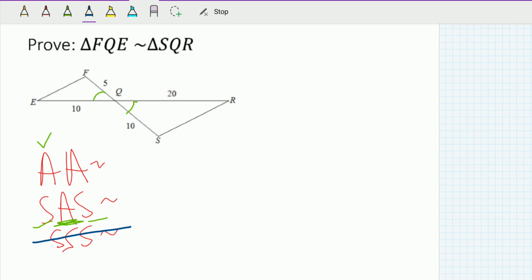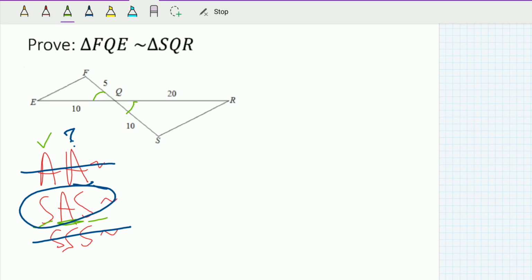We don't have any other tick marks. So what this means is that I don't have another A. Since I don't have another A, I can't do AA. So then really the last option that I have is I have to do SAS. This process sometimes works, sometimes it doesn't, but it's a good jumping start if you really want to think about it.